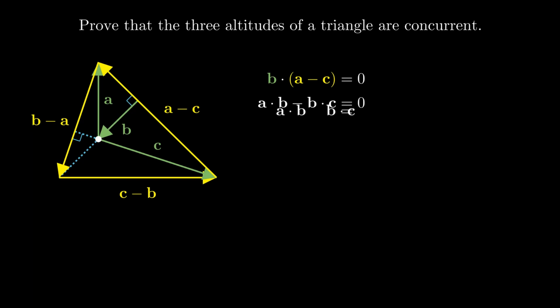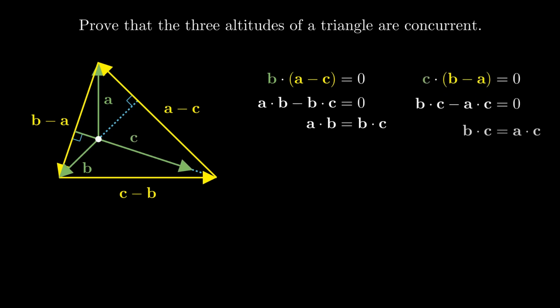And we can just rearrange that to see that A dot B equals B dot C. Now, likewise, vector C is perpendicular to the edge vector B minus A. So you could do exactly the same thing with that altitude, and you would find that in a similar way, B dot C equals A dot C. And now if we glue these two together and cut out the middle man, we could conclude that A dot B equals A dot C as well. Very cool.